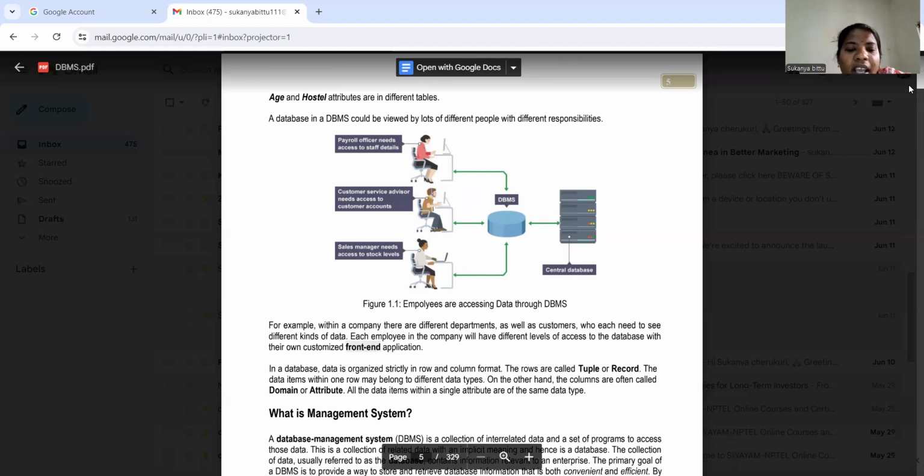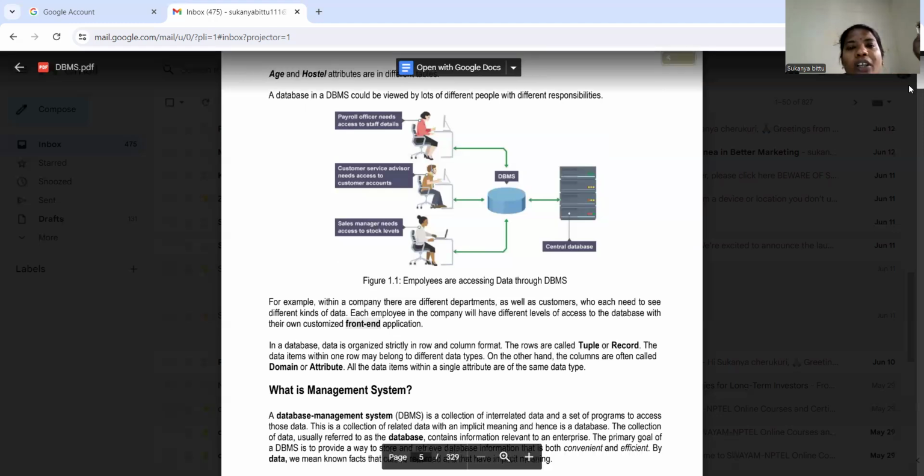For example, within a company, there are different departments as well as customers who each need to see different kinds of data. Each employee in the company will have different levels of access to the database with their own customized front-end applications. In a database, data is organized strictly in row and column format.